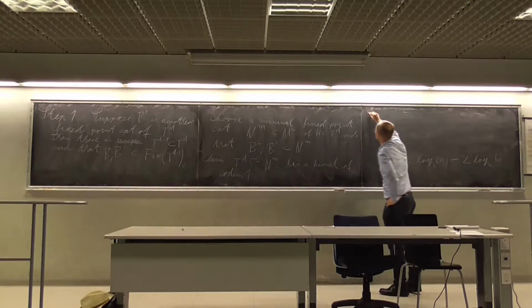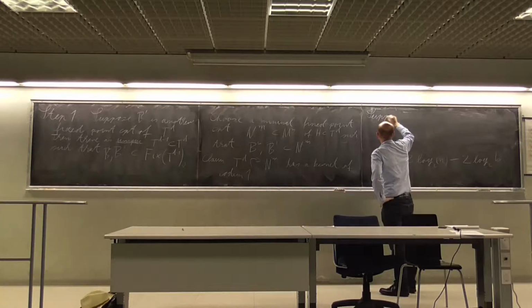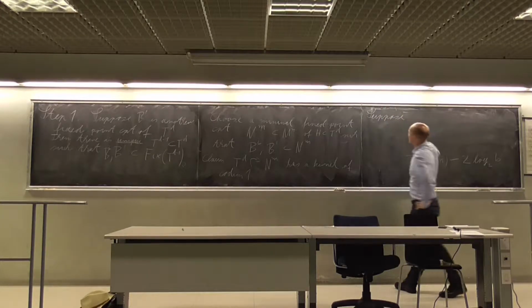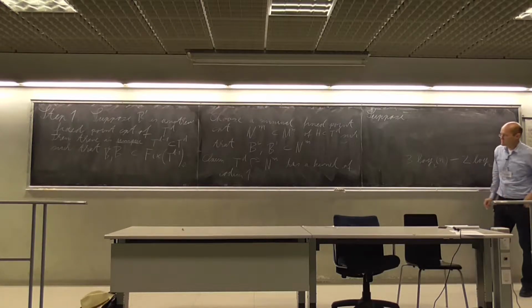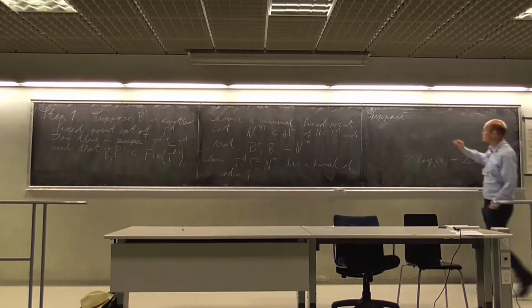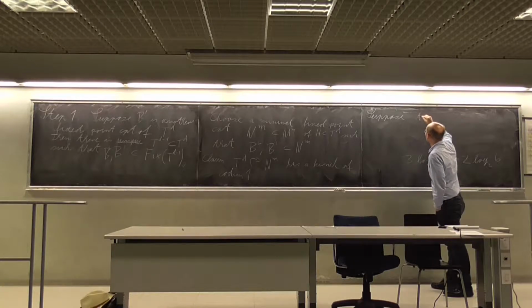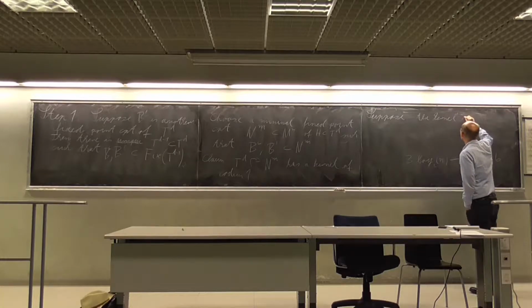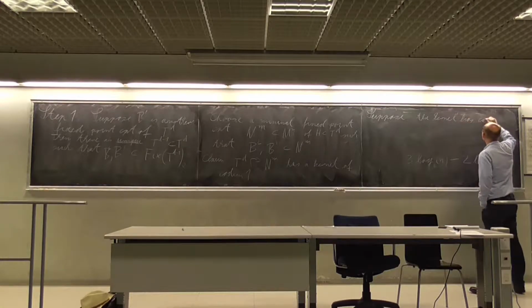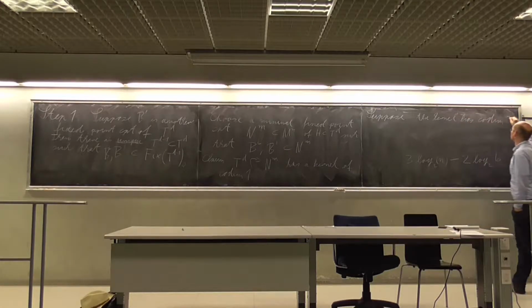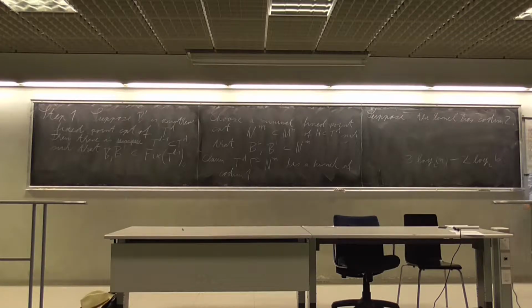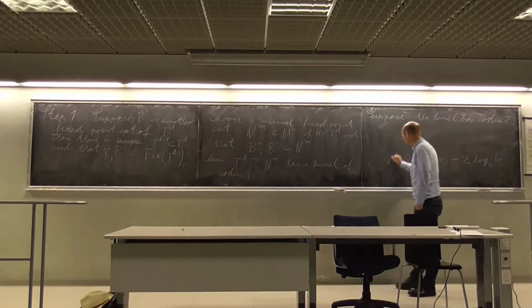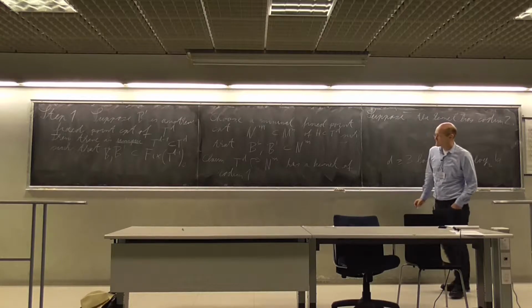I mean, this is only a special case, but the general proof works the same way. So suppose the kernel has codimension 2. Okay, so then what can I say? I can say something.